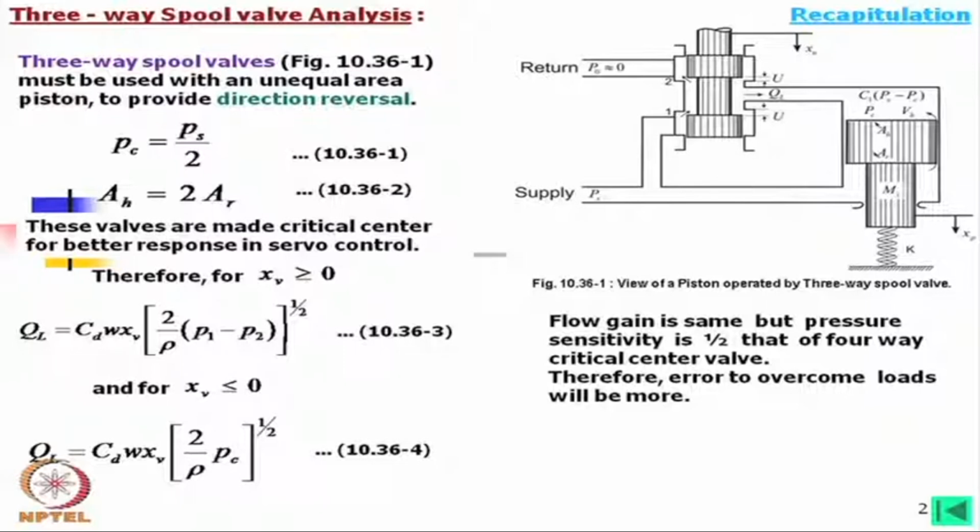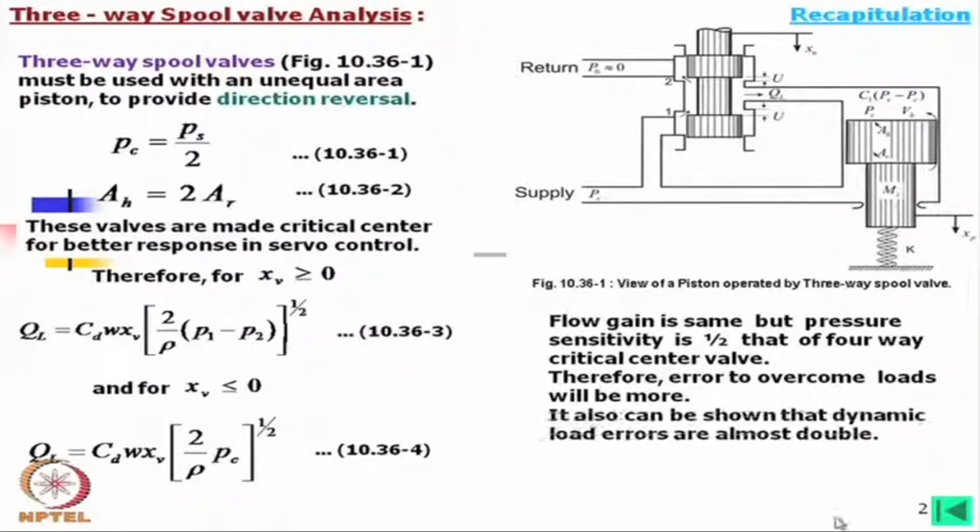Then why the 3-way valve? First of all, it is very less expensive, and better or quick control can be achieved by this 3-way valve arrangement. However, for the control, we have to look into this error. It also can be shown that dynamic load errors are almost double in comparison to the 4-way center valve. That limits the application of 3-way servo valves. This means that we need to control the error.